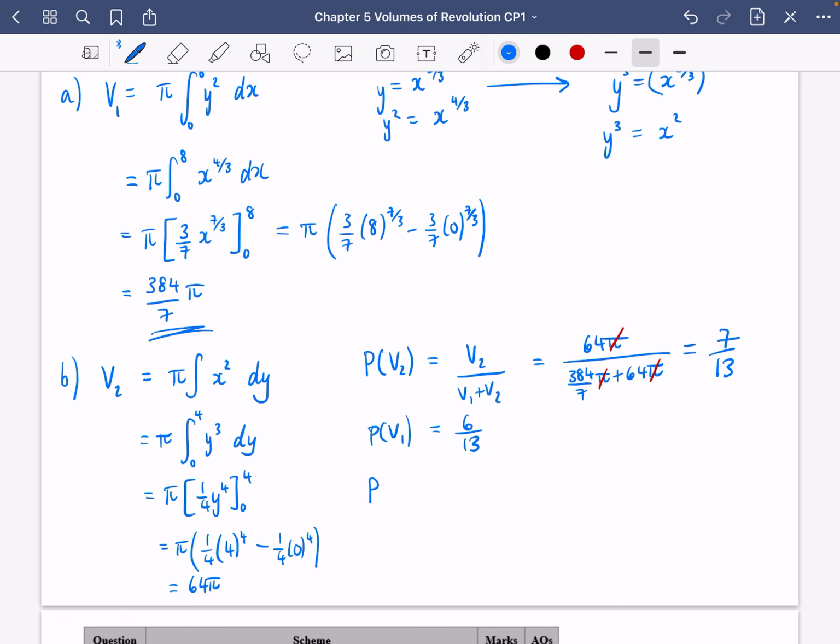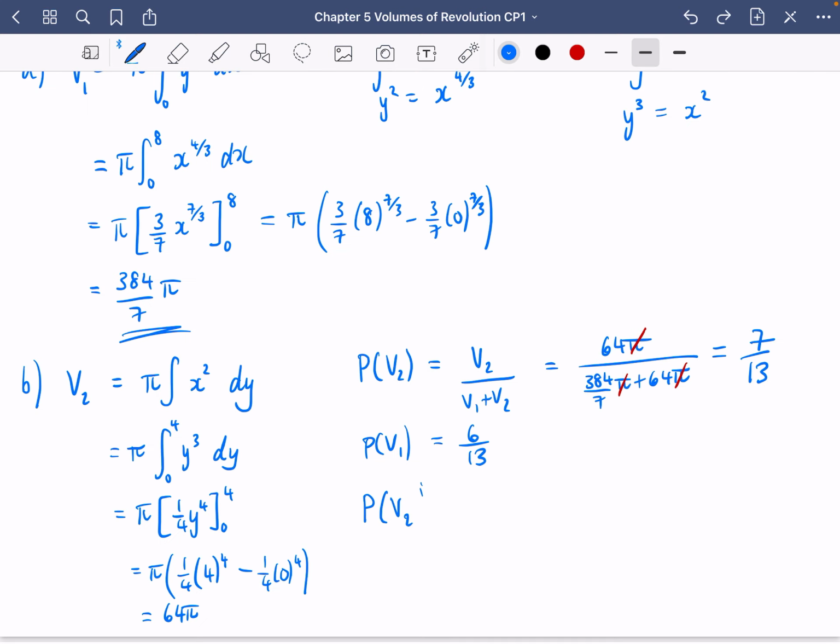So the probability that V2 is selected 8 times is just going to be 10 choose 8 multiplied by picking V2 8 times, and then obviously you would have had to pick V1 2 of those times.